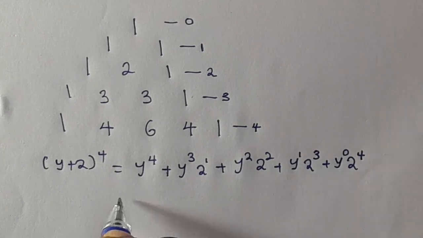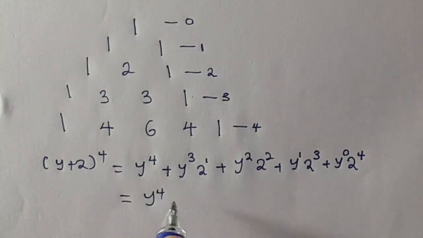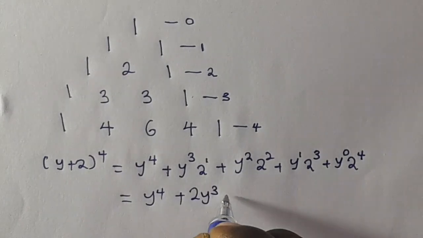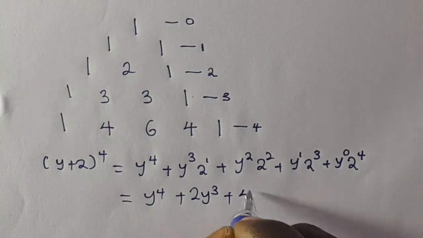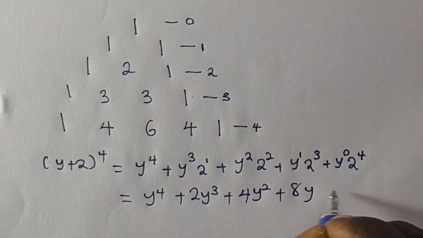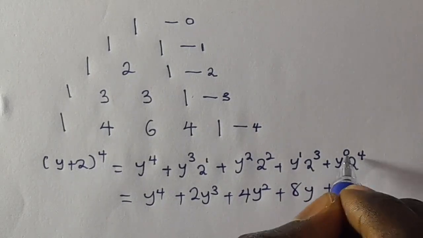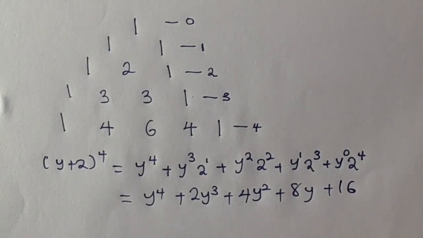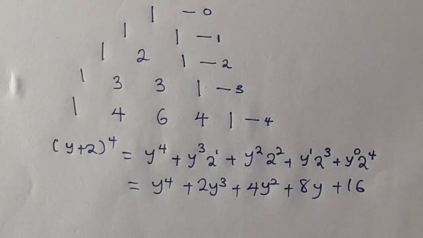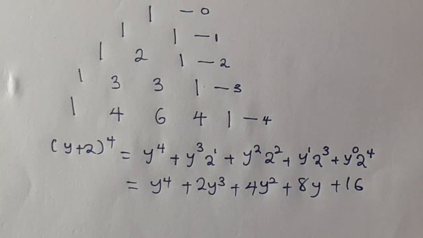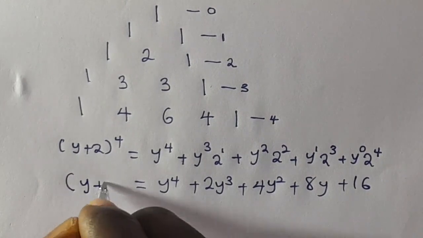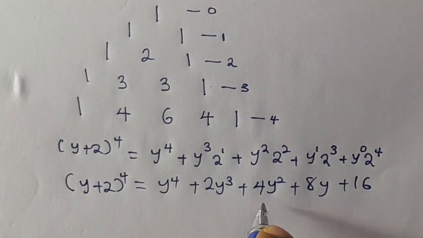So from here, we have y^4 plus 2y^3 plus 4y^2, then 8y, plus 2^4 which is 16. Now guys, so from here we have (y + 2)^4 like this.